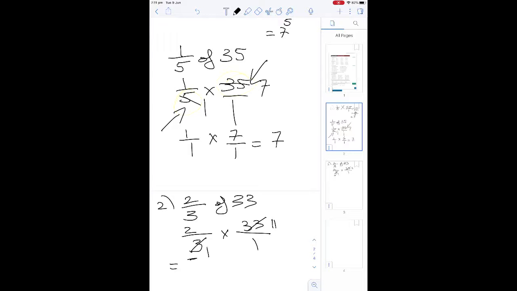Now I can just multiply across: 2 times 11, and I get that from here, and then 1 times 1, which is just 1. So you can see easily the answer is 2 over 1, which is just 2.